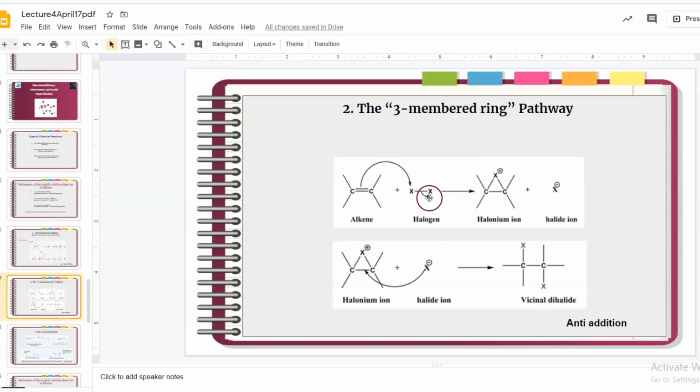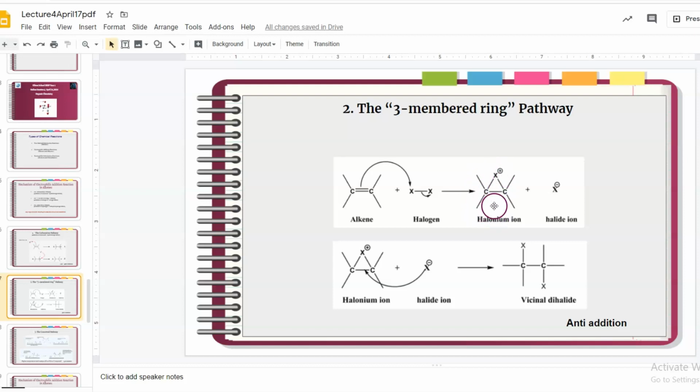What's going to happen is the X is going to stay in the center, be affiliated with both carbons, and make this nice looking three-membered ring, which is called a halonium ion. If it's a bromine molecule, we call this a bromonium ion. If it's a chlorine molecule, a chloronium ion. If it's an iodine molecule, an iodinium ion. We are not going to deal with notoriously active fluorine, so fluorine is out of scope. We only deal with bromine, chlorine, and iodine.